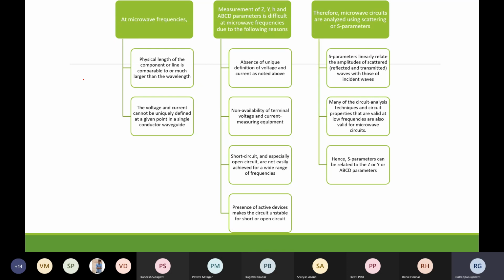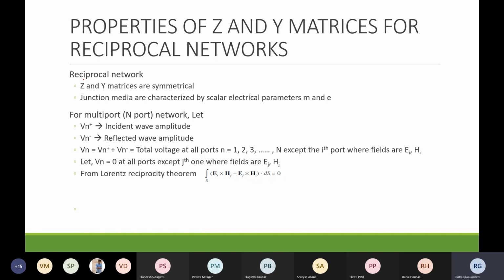And what is the other parameter we have to look for when we are dealing with these microwave networks? We discussed one of the properties relevant to reciprocal networks, in which we consider the properties of Z and Y matrices.